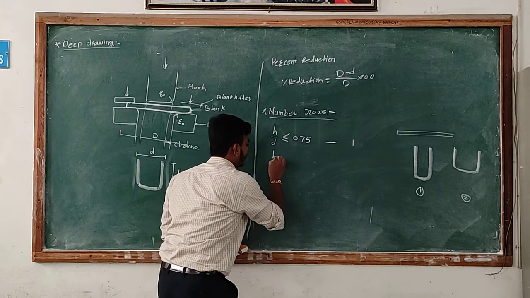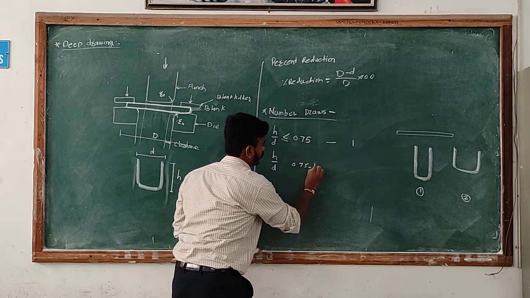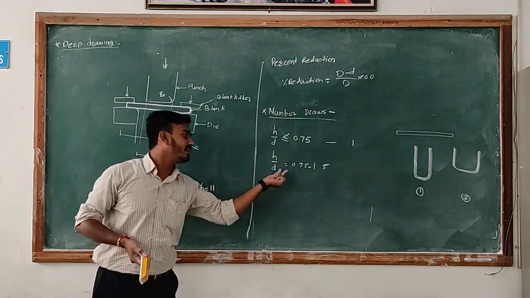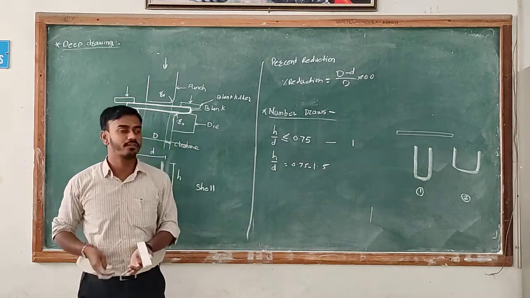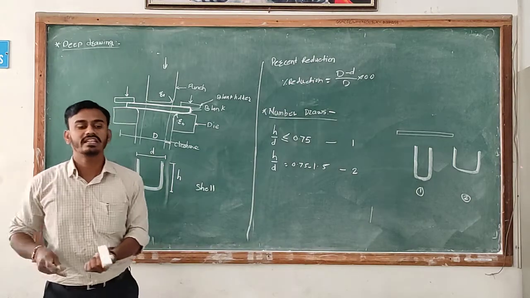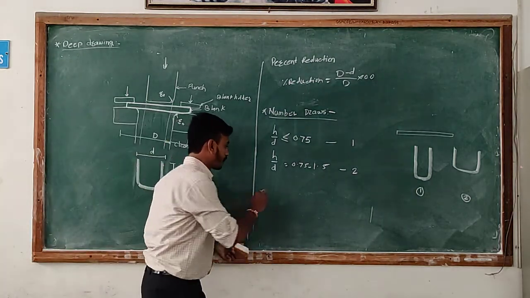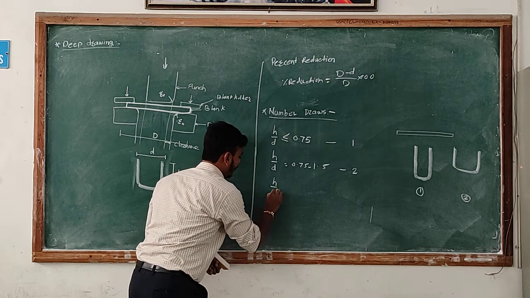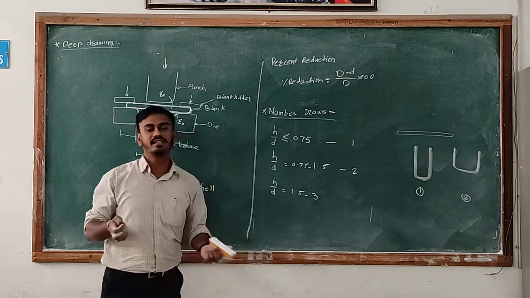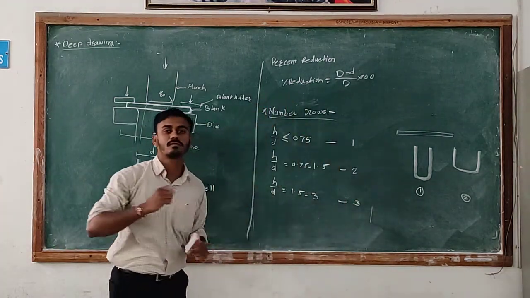Now suppose this h by d is between 0.75 and 1.5, then the number of draws required is 2. If h by d is between 1.5 and 3, then the number of draws required is 3.